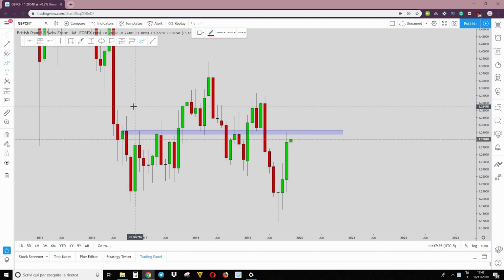When you're identifying strong areas in the market, you need to see how many bodies are in the zone and how many wicks. By bodies, obviously I mean the colors of the candles, and the wicks are the black sticks you see here. So basically areas that the market rejected.